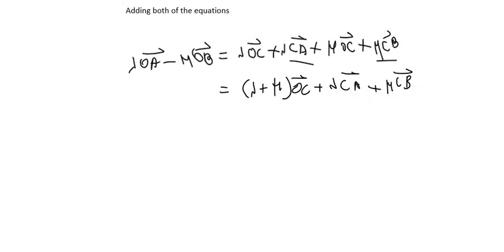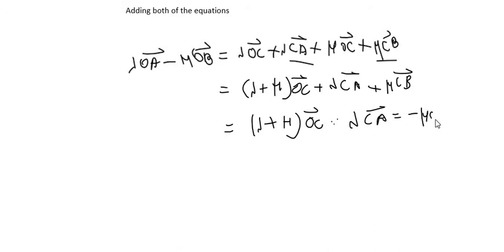So you will only have lambda plus mu OC on this side, and the other terms will cancel each other, and the reason is that lambda CA equals minus mu CB, and this is equal to minus lambda AC.